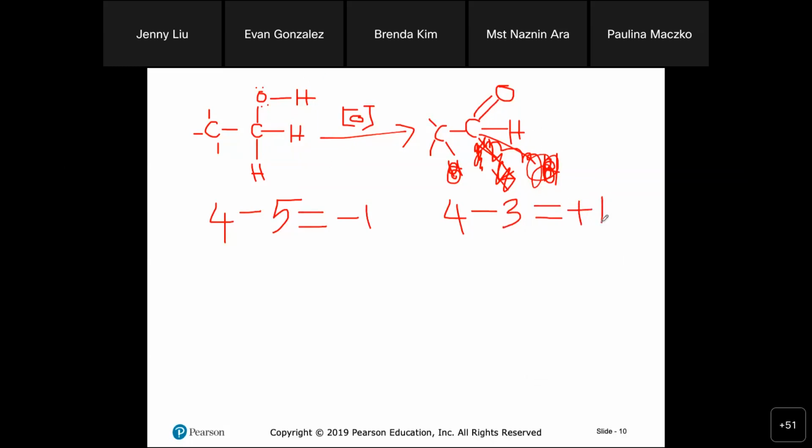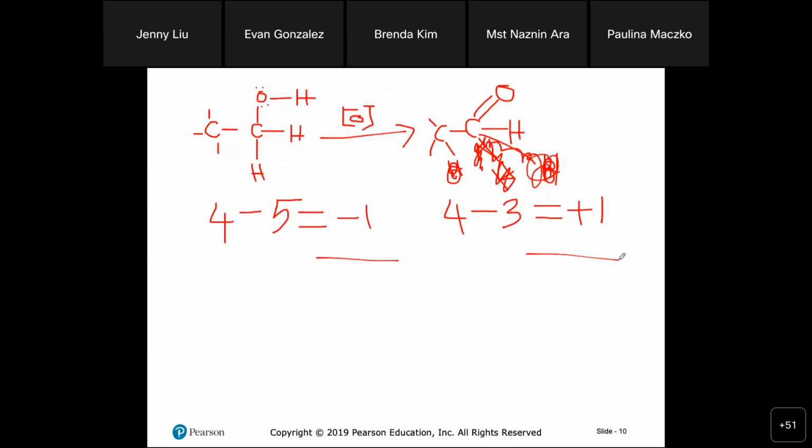My purpose in showing you this is that when oxidation happens, oxygen is gained, and you can calculate it by measuring the oxidation state like this.